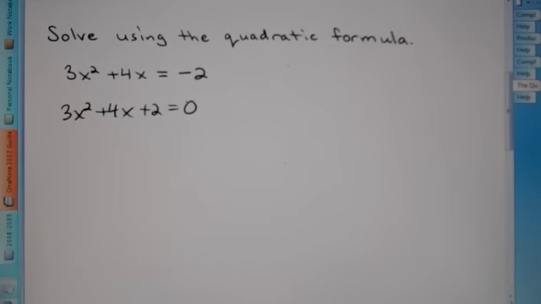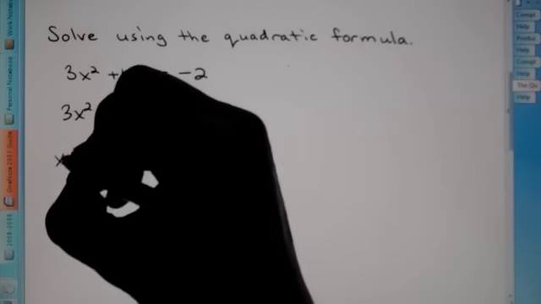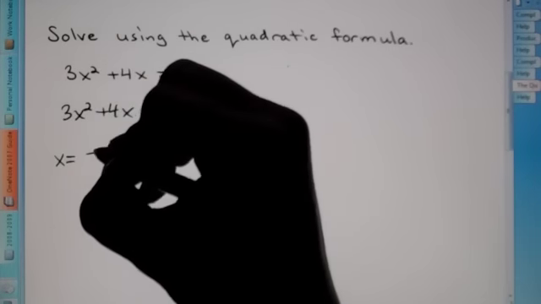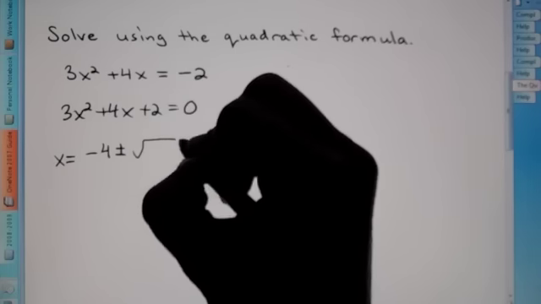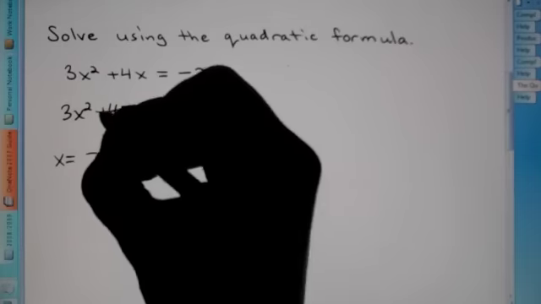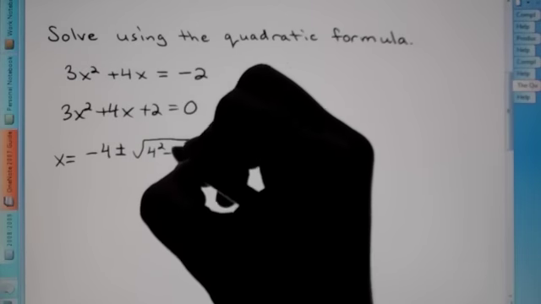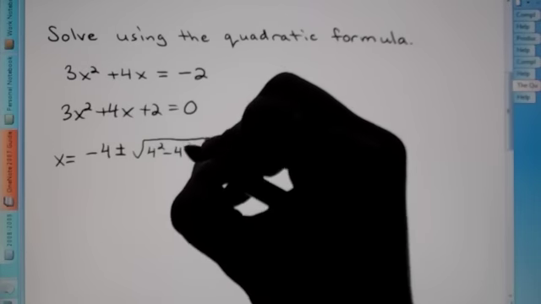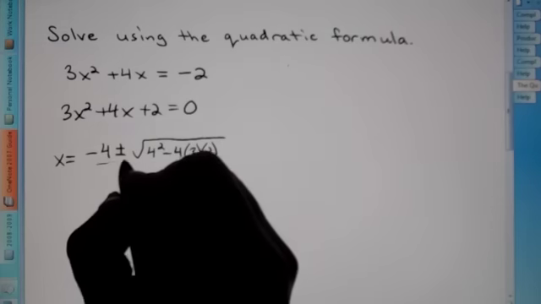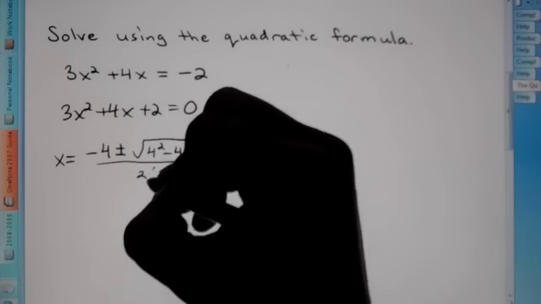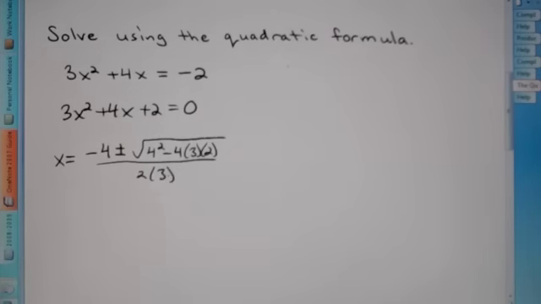So now when I set up the quadratic formula, I get x equals negative b, in this case negative 4, plus or minus the square root of b squared, so 4 squared, minus 4 times a, which is 3, times c, which is 2, all over 2a, so 2 times 3.